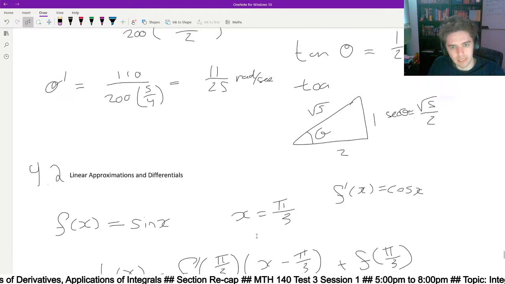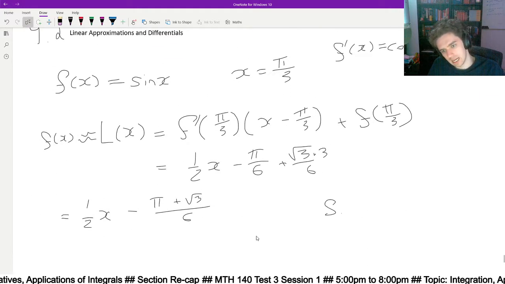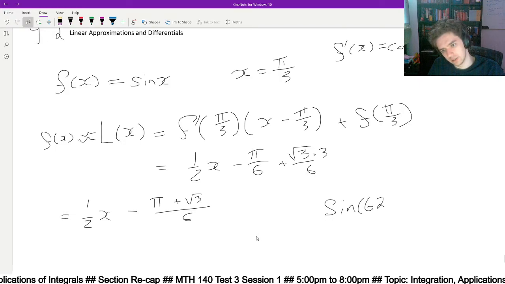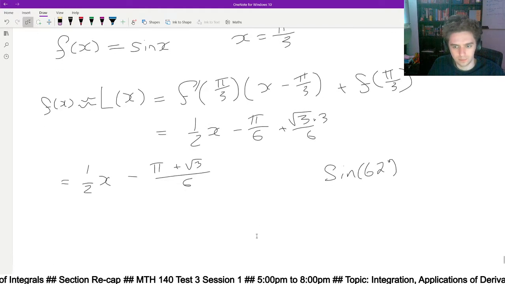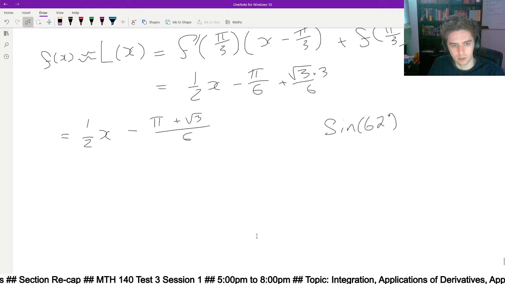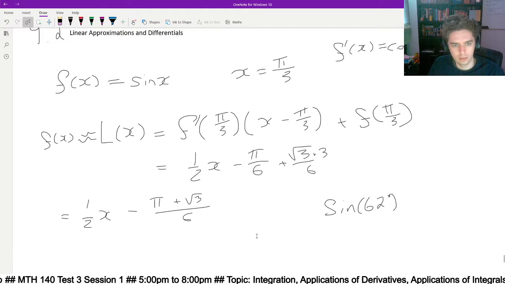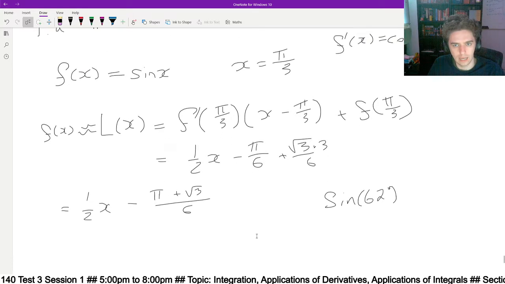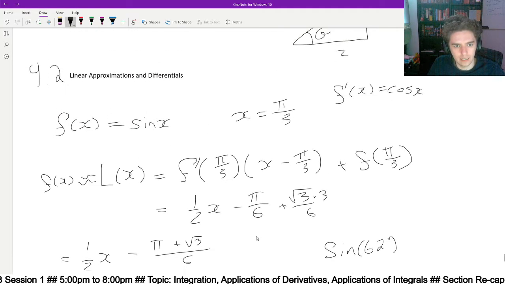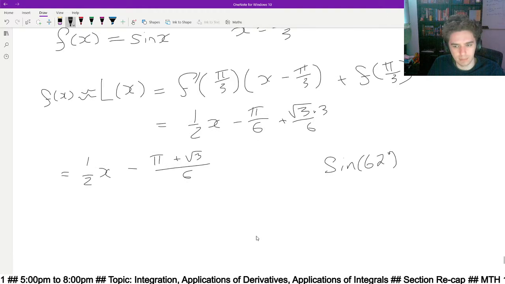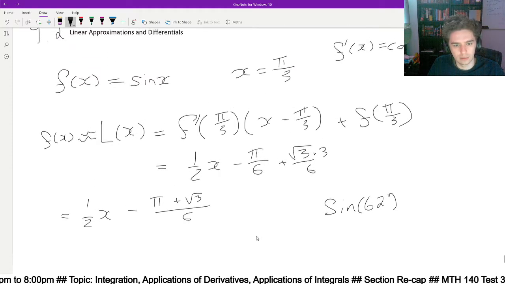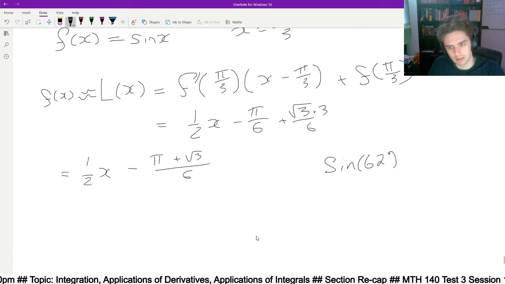We're going to estimate what sine of 62 degrees is. So we want to know sine of 62 degrees. Since the function was sine of x, I'm pretty sure we just put in 62 degrees, but in radians.